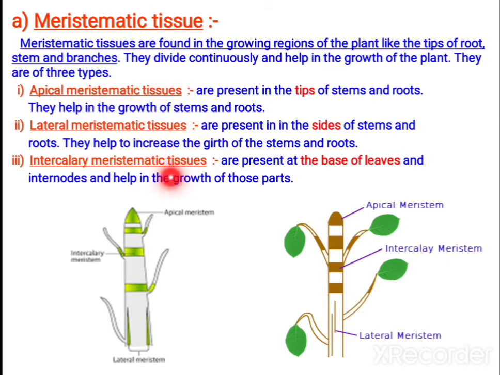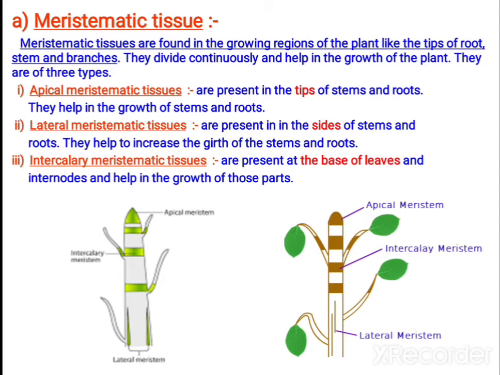Apical meristem is present in the tip of the stems or roots. Here in the stem, apical meristem has been shown. Then lateral meristem. Here you can see the lateral meristem towards the side. Can you see here? Here also lateral meristem. And the lateral meristem increases the girth of the plant, that is stem and roots.